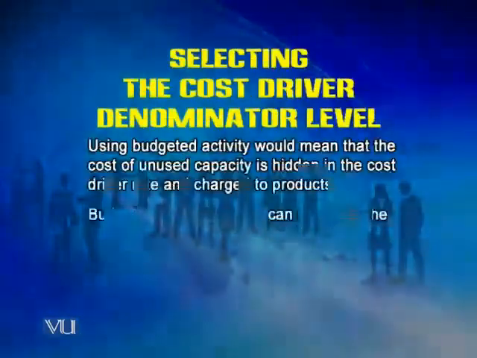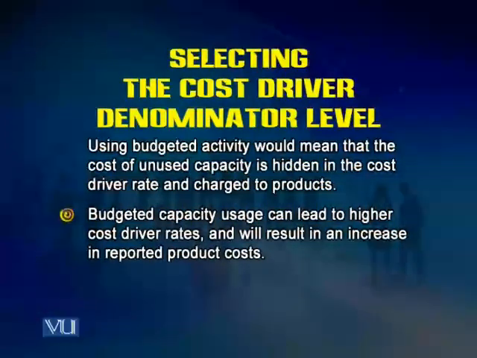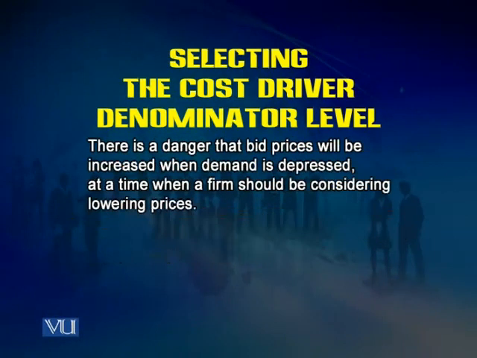And what is this additional part? This additional part is the cost of the unused capacity. So we would be hiding the cost of unused capacity in the cost driver rate and charging it to the product if we use the budgeted quantity. Budgeted capacity usage can lead to higher cost driver rates and will result in an increase in reported product costs. This is what we have said.